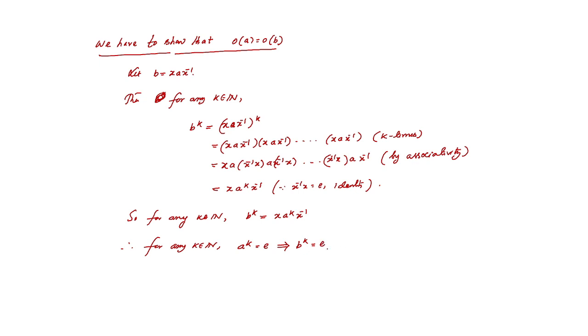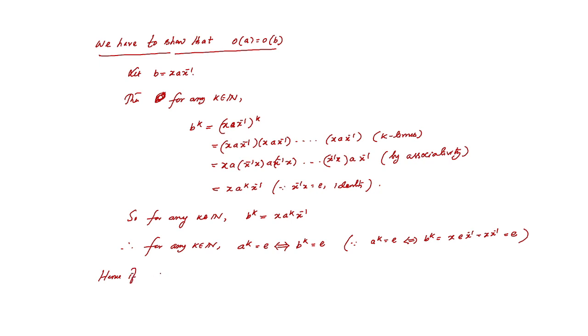And this also holds conversely. Why? Because if A to the power K equals e, that implies B to the power K equals X e X inverse, and that will be e. And that holds vice versa.